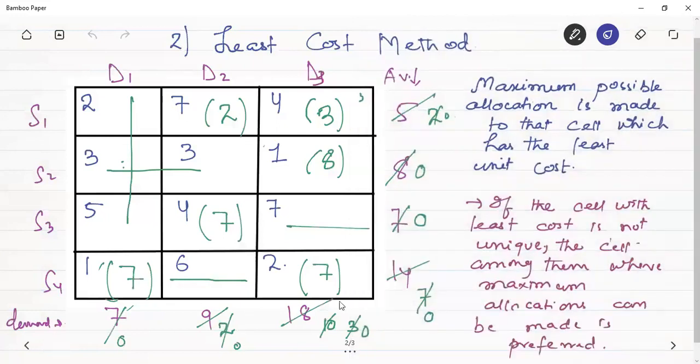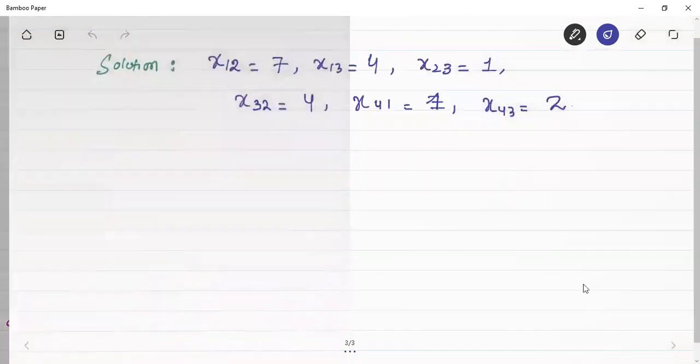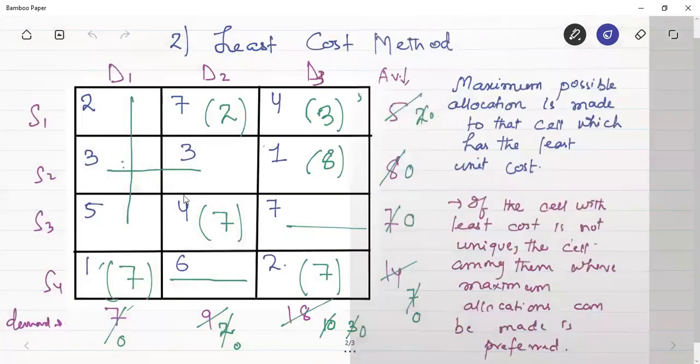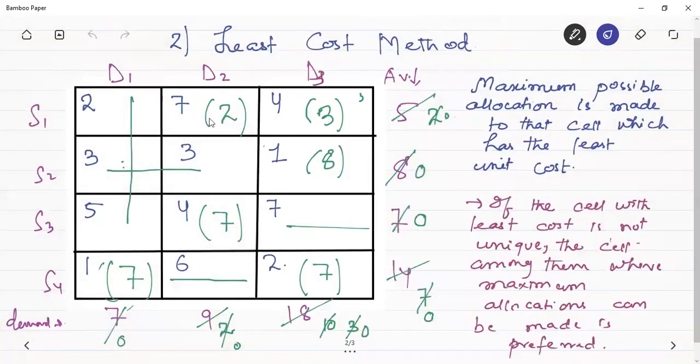नहीं, मैं allocations की बात कर रहा हूँ ना. You are saying wrong. I am saying that how many units have been allocated? Okay, I'm talking about the allocations made, not these costs.